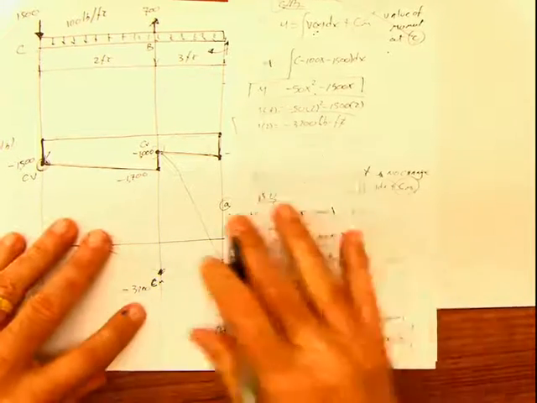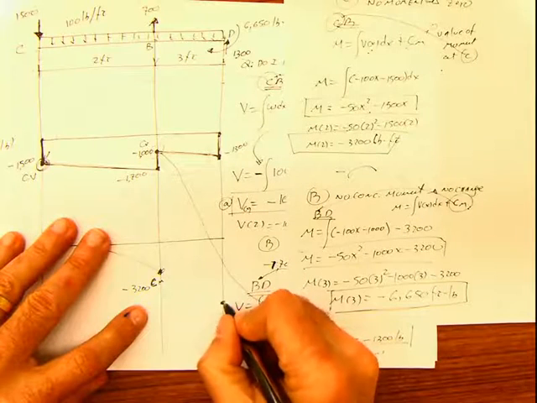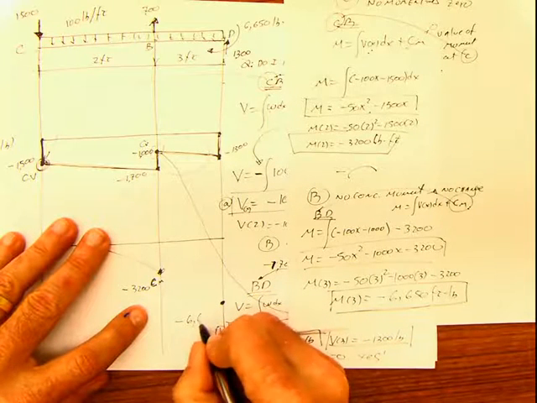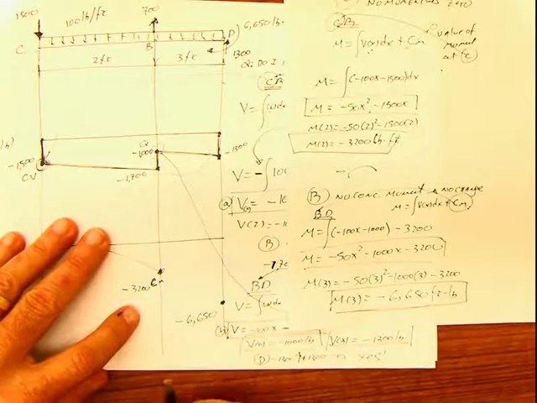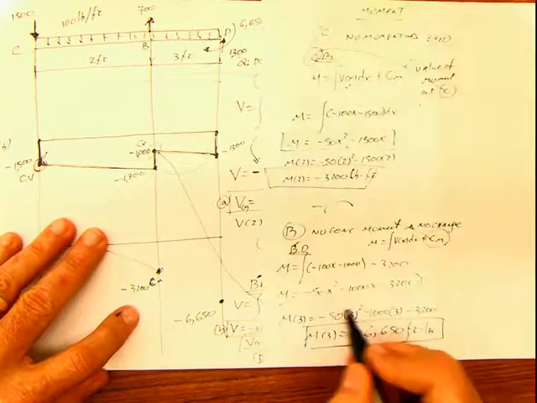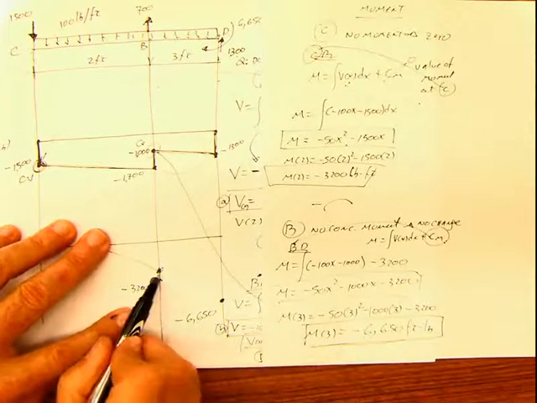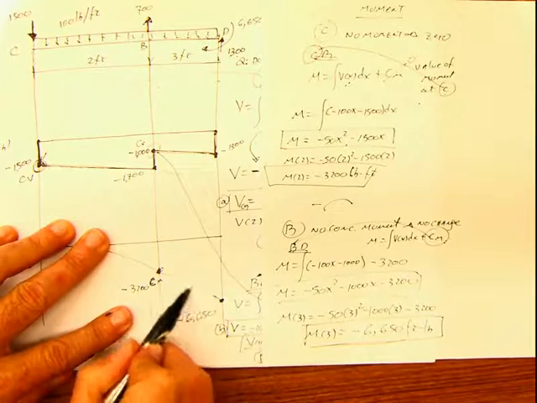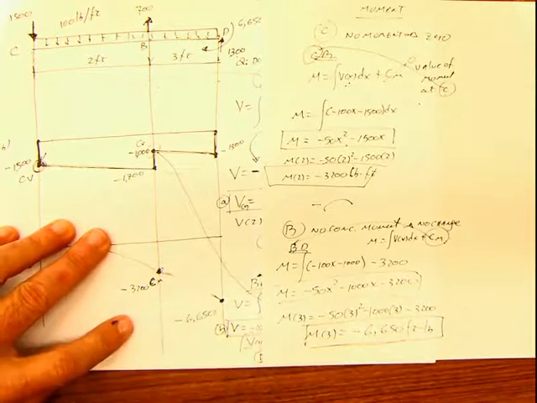So that means that from this point it's going to jump up to negative 6650. And once again, this is a frowny parabola, meaning from here, it's going to come frowny up to this point, like that.